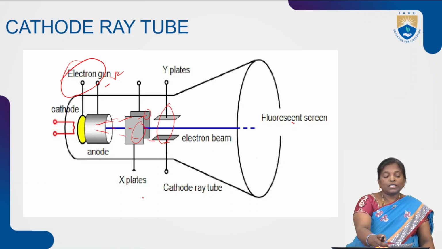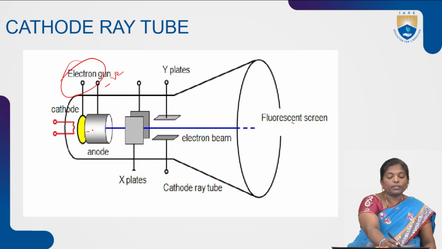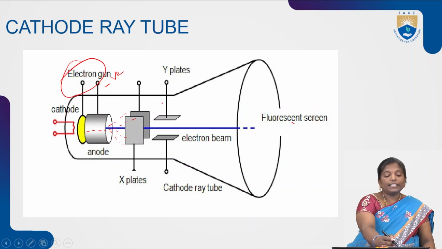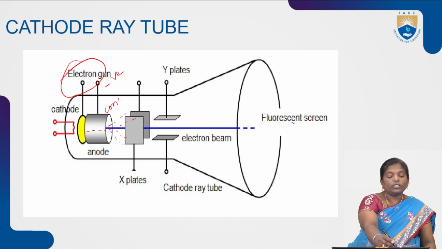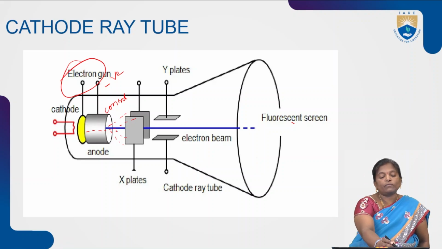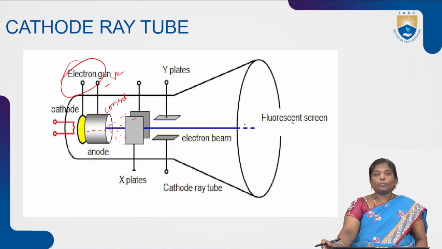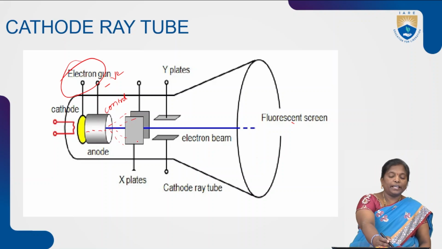If you observe this, the electron beam coming from the electron gun will spread in different directions. But there exists one control grid. With the help of this control grid, we can make all the electron beams formed and focused in one particular direction.